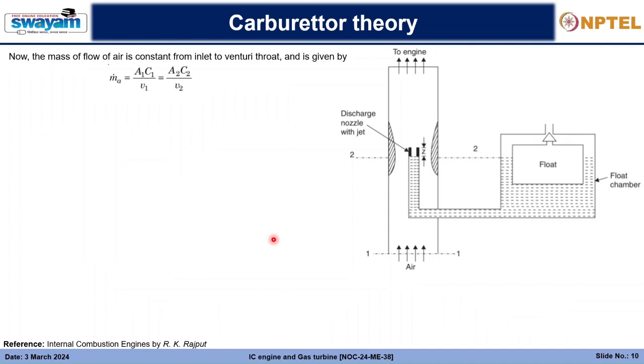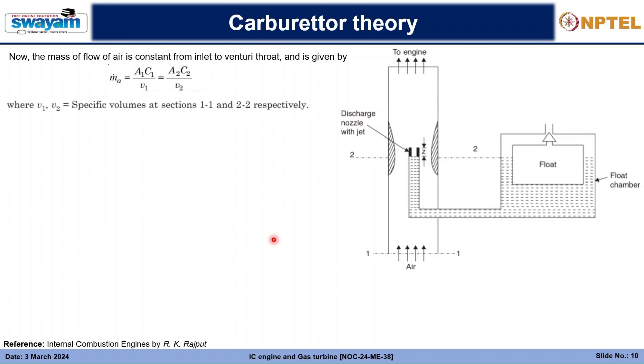Now the mass flow rate can be calculated as this. So Ma equals A1 C1 by V1, where V1 is the specific volume, and A2 C2 by V2. This is equal because the amount of mass will remain constant by mass conservation.